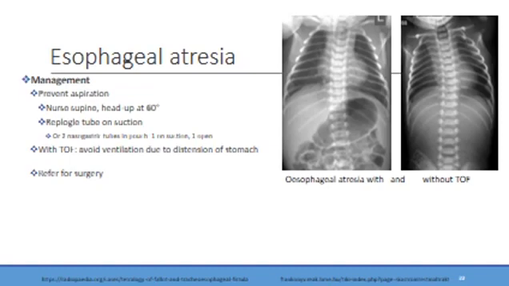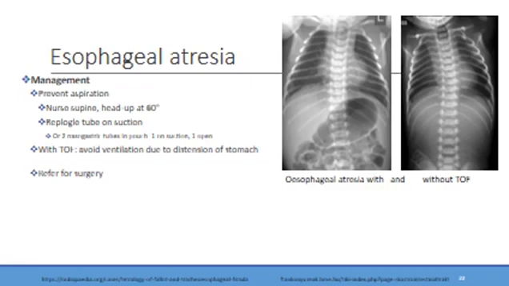It's important to remember that fluid from the stomach can actually run back through the fistula and enter the lungs to cause a chemical pneumonitis and aspiration pneumonia. And this must be prevented by correct positioning of the patient.